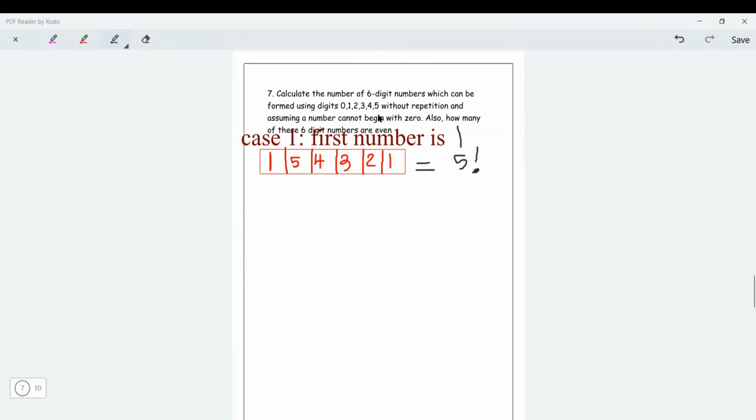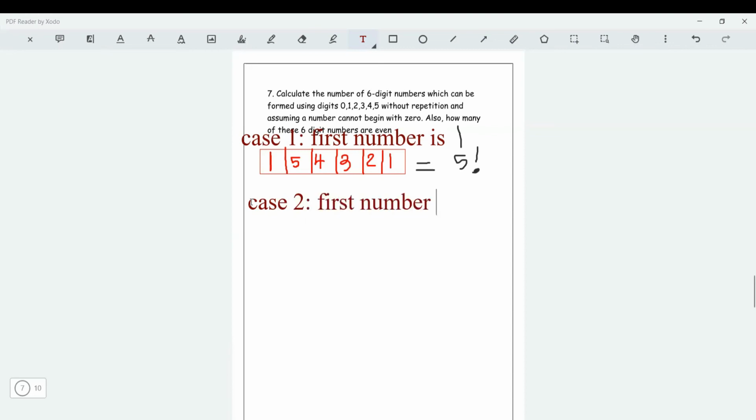Now let's look at how many ways if we start with 2. It's all going to be the same. Case 2 is the case where we start with 2. If the first number is 2, it's still 5 factorial ways. Case 3, if the first number is 3, is going to be 5 factorial ways as well.